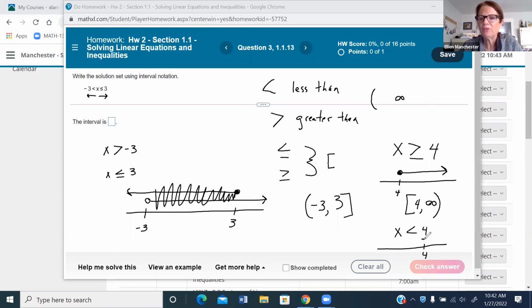It's only less than, so it's not including the 4, but it's everything below 4. So in interval notation, it would be a parenthesis, negative infinity to 4, and a parenthesis because it doesn't include 4. Make sure that every time you write interval notation, it's low to high. You never want to switch these. It's always going to be low to high.